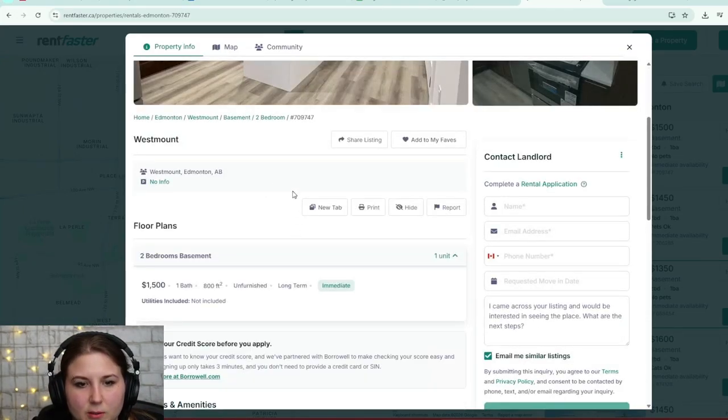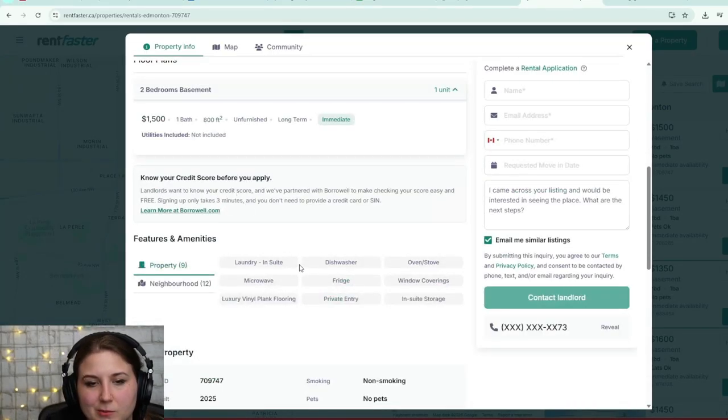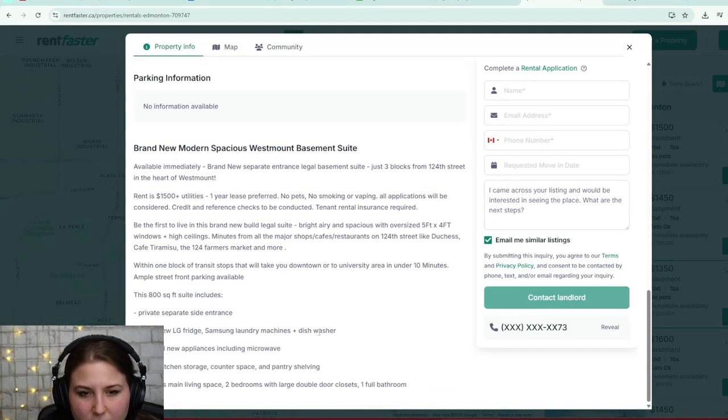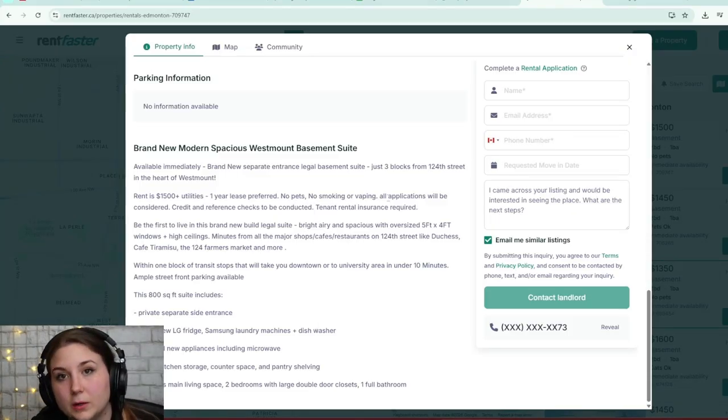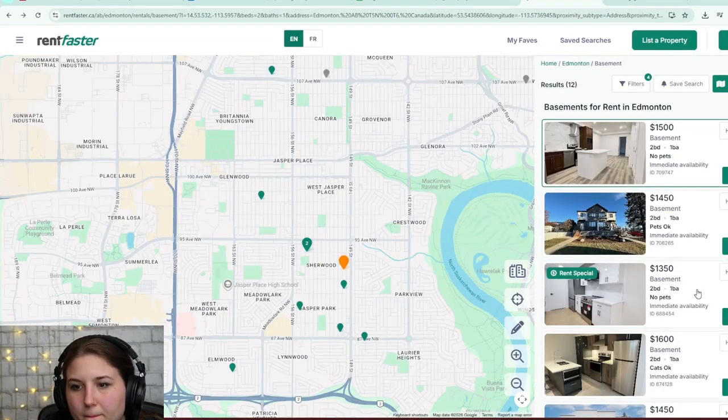Something to note is a lot of landlords will actually raise the amount that they're collecting for utilities. Maybe the utilities for the basement is only actually around 150 bucks a month, but they charge 200 bucks a month. Obviously in the winter time, the utilities are going to be more expensive than in the summertime, particularly for heat. So sometimes it will eat that extra spread, but a lot of the times it won't, depending on how much you're charging. 1,500 plus utilities. Okay. 1,600, 1,450. What else we got on the right hand side here?